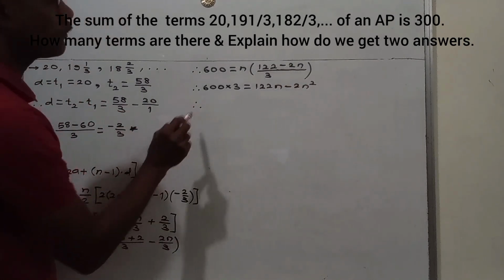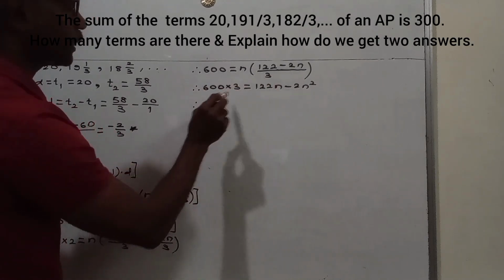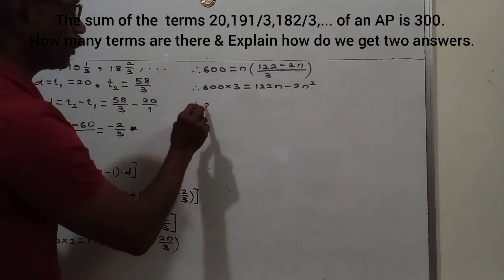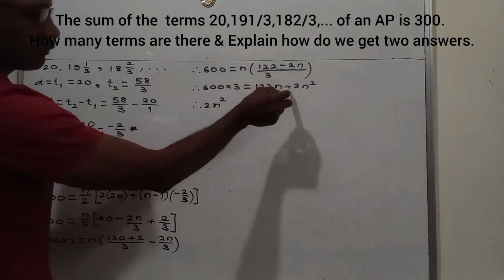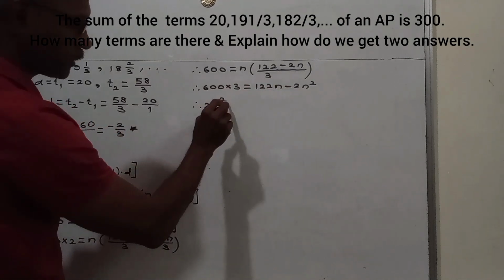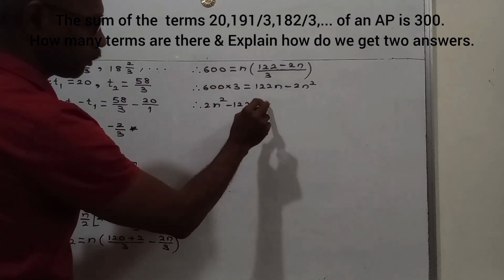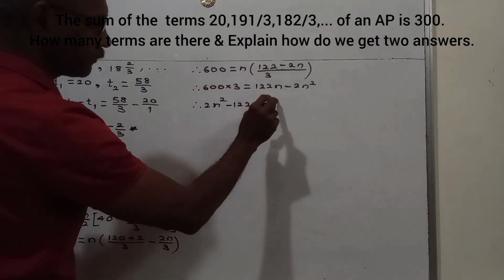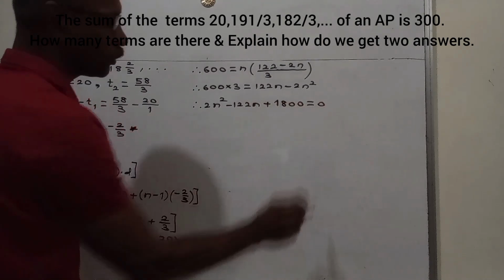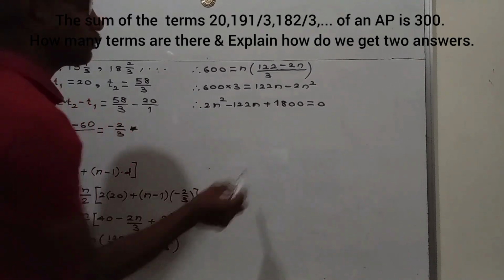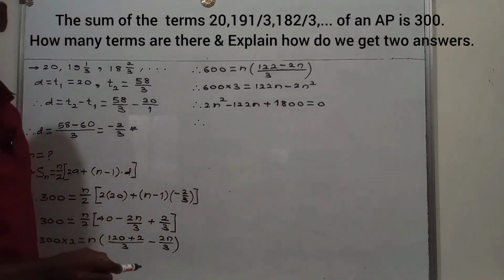Both these terms we take to the left side because this is negative and we want n square positive. So we take minus 2n square to the left side, and this is also on the left side. We get 2n square minus 122n plus 1800 = 0. All these are divisible by 2.